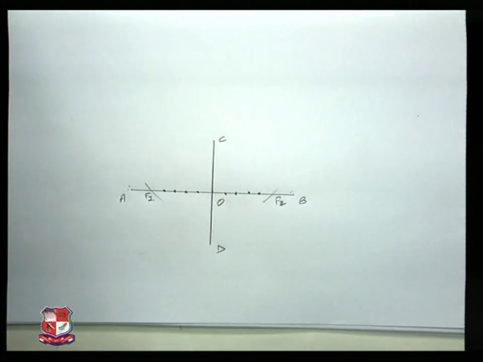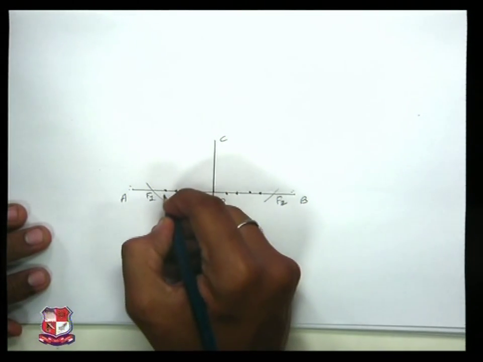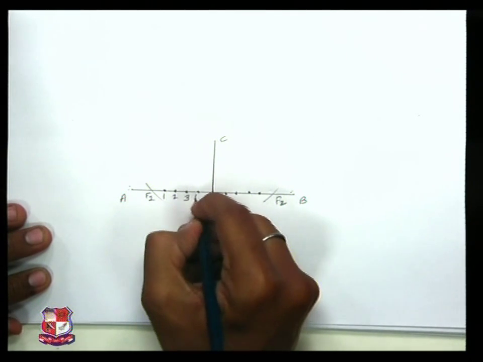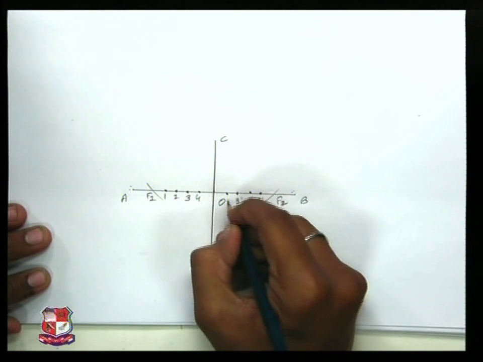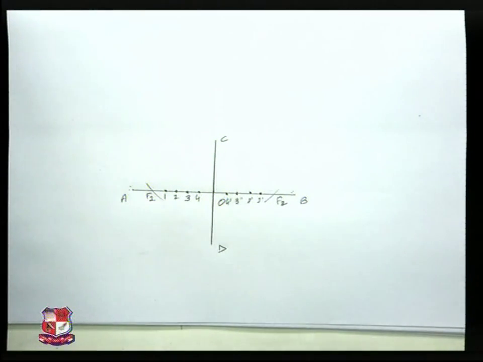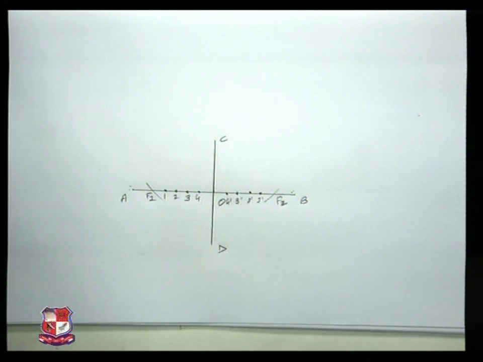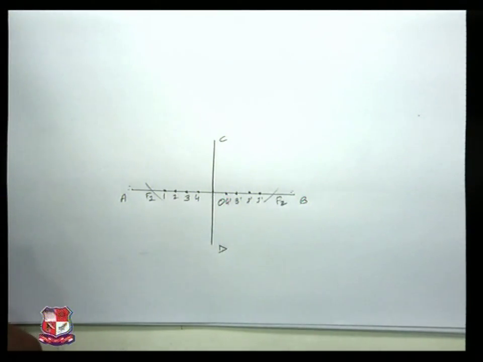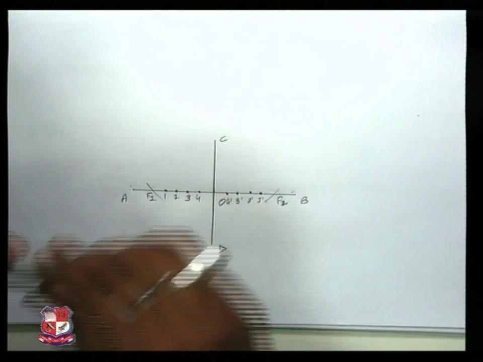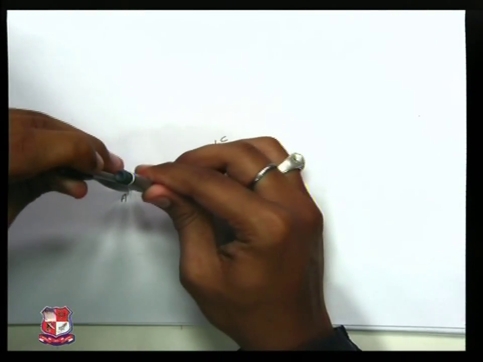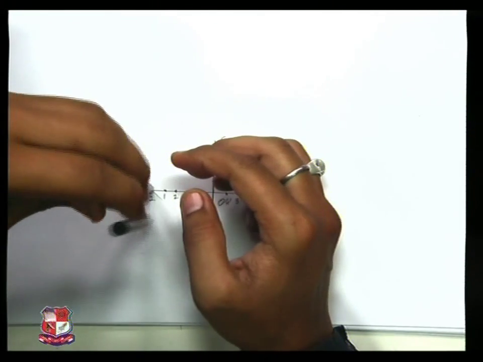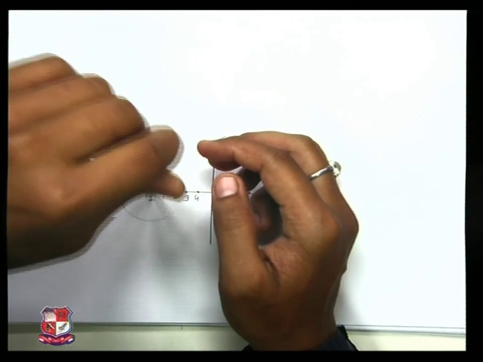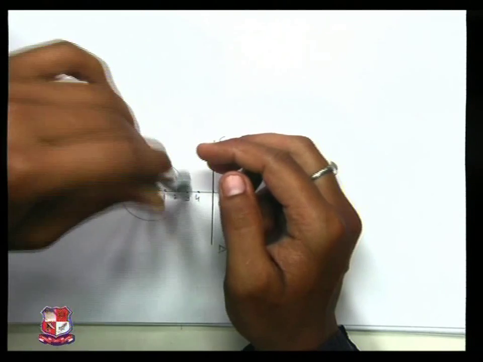Now, from the F1 side, give the nomenclature 1, 2, 3, 4. From the F2 side, give nomenclature 1 dash, 2 dash, 3 dash and 4 dash. Now, please be sure that the center would always be F1 and F2 only. Radius will start from A and B. Radius would be A1, center would be F1, draw an arc.